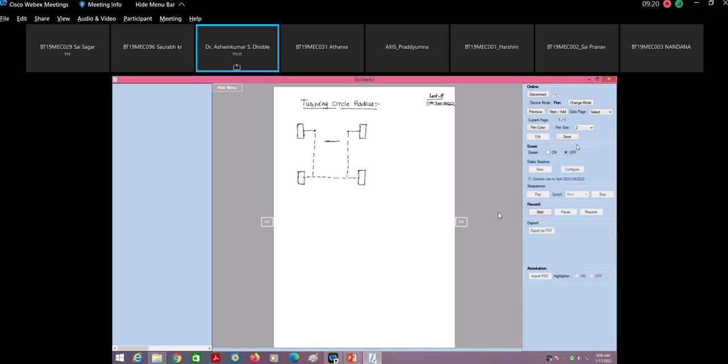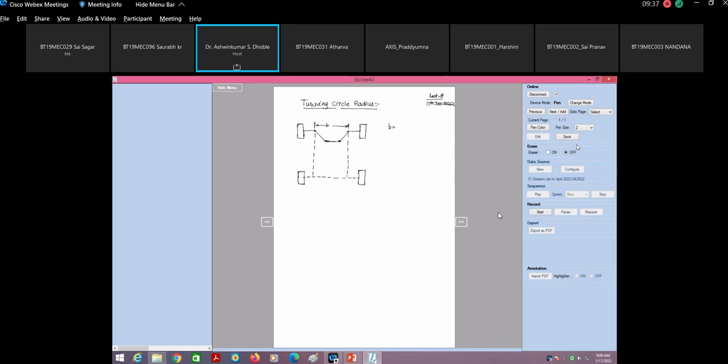So this is the modified Ackermann mechanism. Let us say that this distance is represented by B, the pivot center distance.